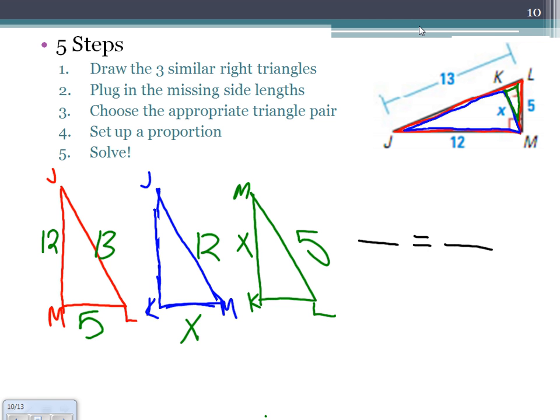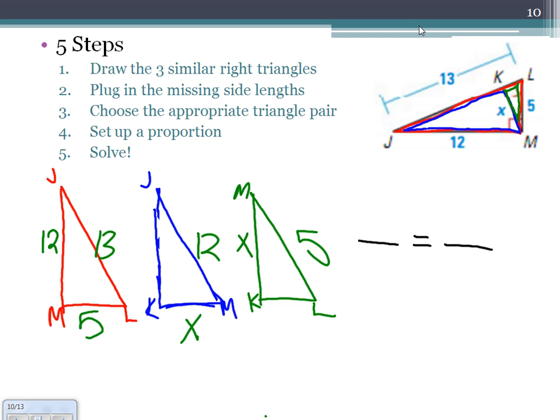Why did you choose those two? Yes, you need to look for complete sets when you choose them, right, Anthony? So when you choose your pairs, make sure that you have complete sets.